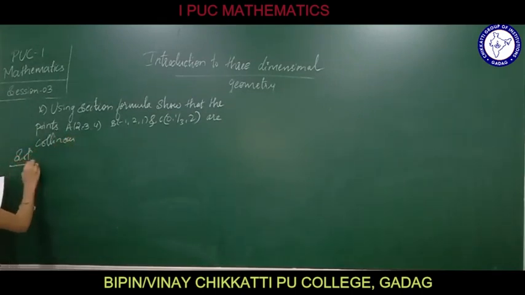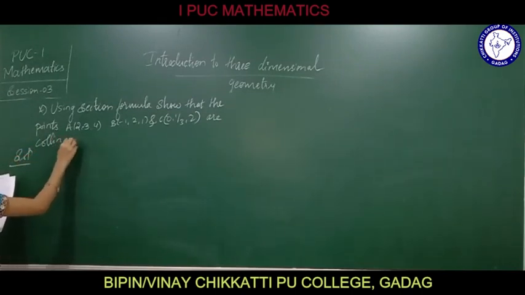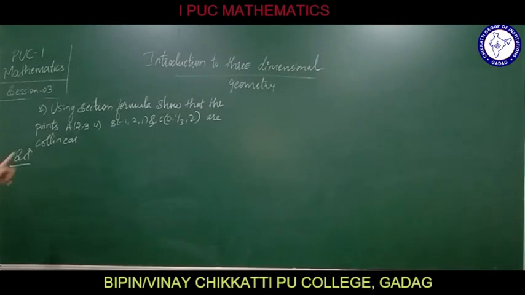We need to show using the section formula that all these three points are collinear. We don't know the ratio of division, right?